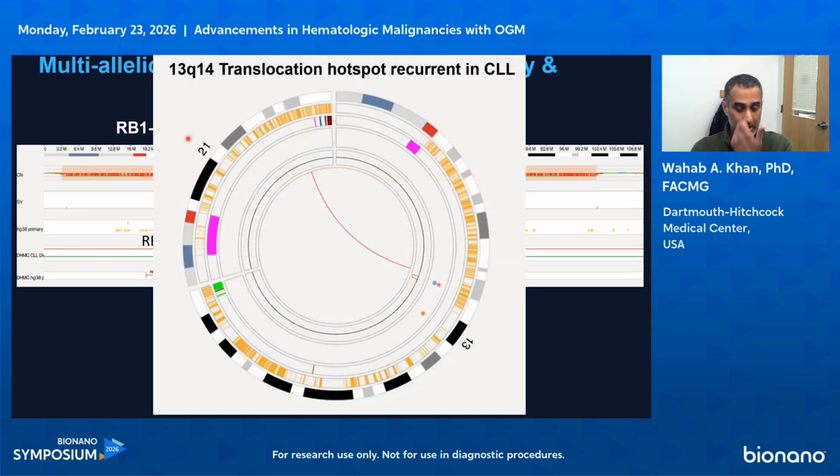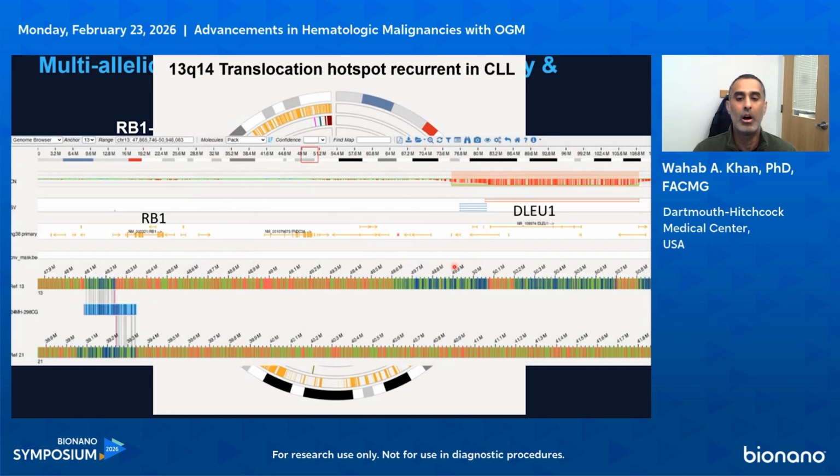This one was interesting, we saw these rare but yet recurrent findings where we were seeing this 13q14 hotspot region being translocated to various other chromosomes. So 21q presented in this context, but also tracking with a focal deletion that spared RB1 in this case, but had this multi-allelic translocation event that was proximal to it.